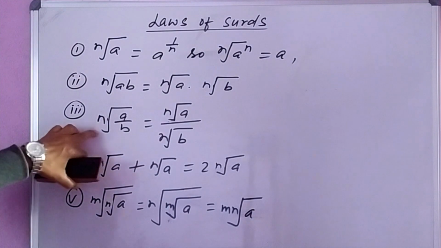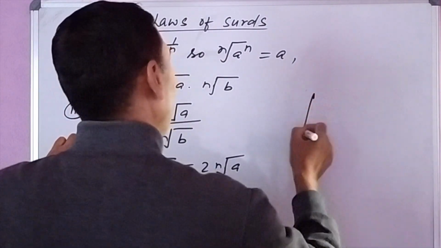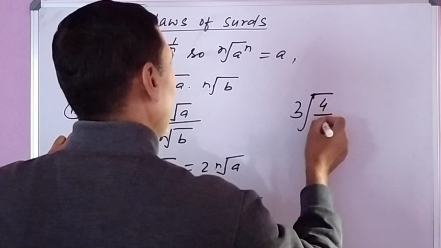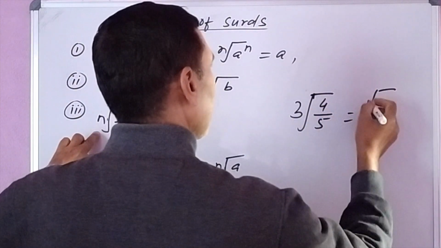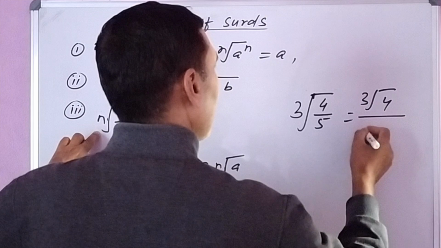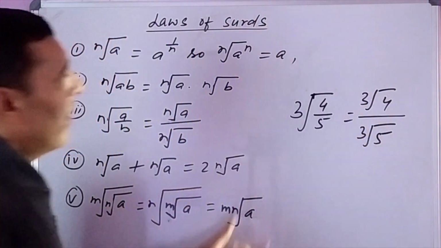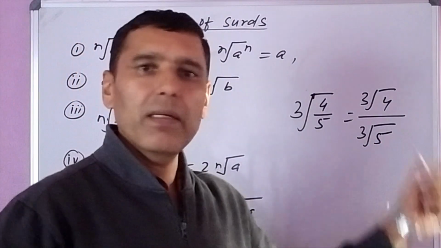Similarly, we have the third law. Look here. If we have cube root of 4 upon 5 like this, then we can write this as cube root of 4 over cube root of 5, separating the numerator and denominator. To write this or this, it is the same.